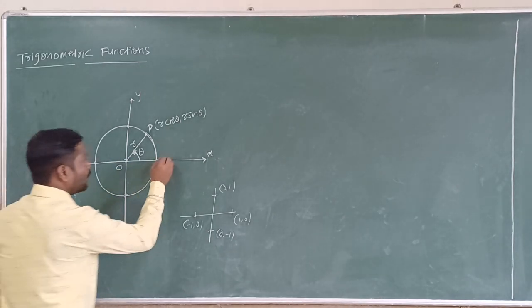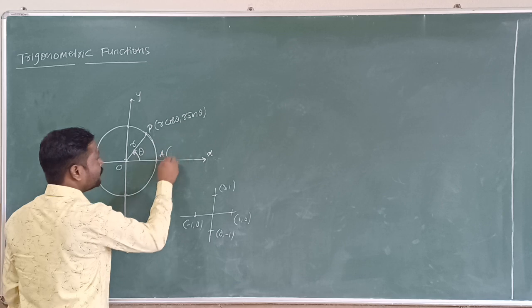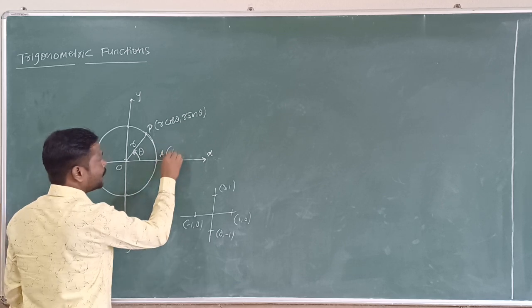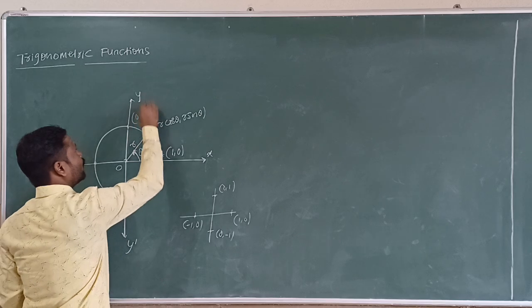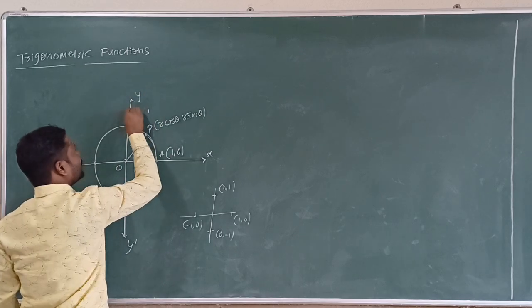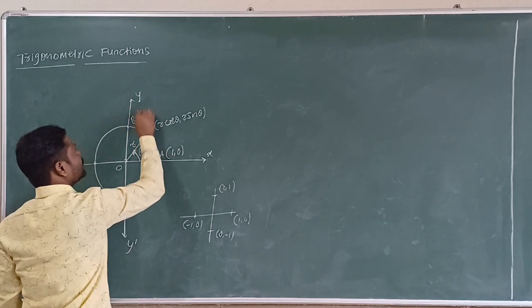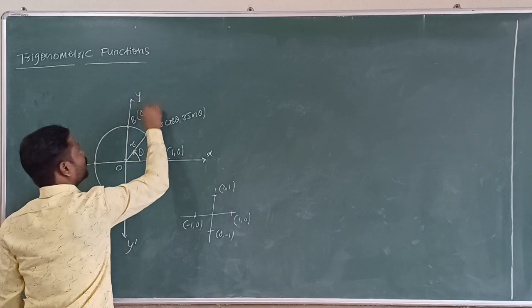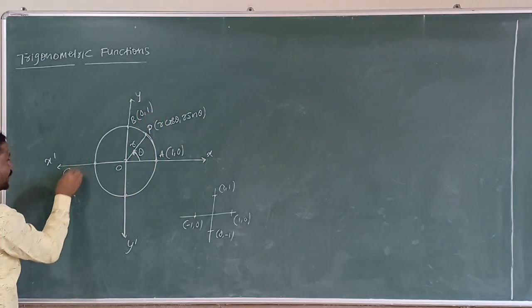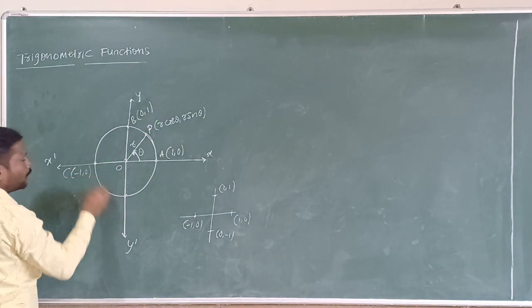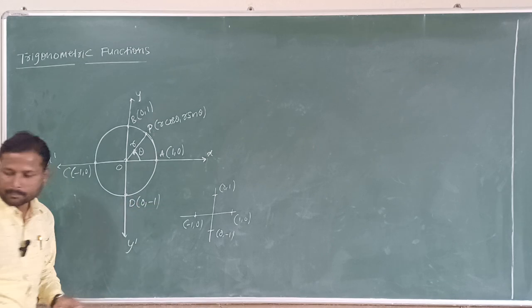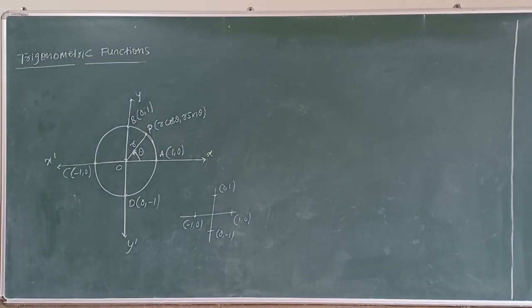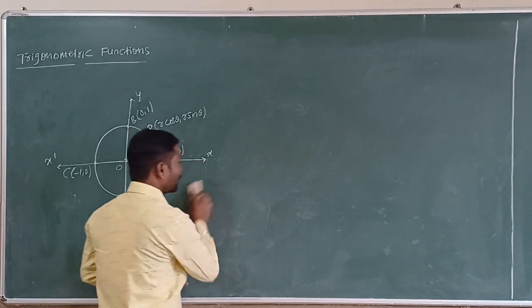This one is 1 comma 0, B is 0 comma 1, C is minus 1 comma 0, and D is 0 comma minus 1. These are the coordinates of the points in the figure.